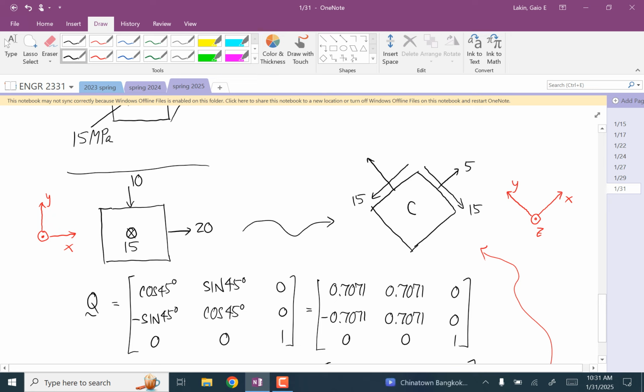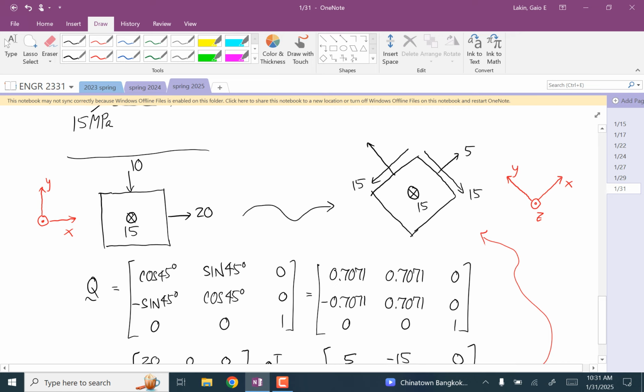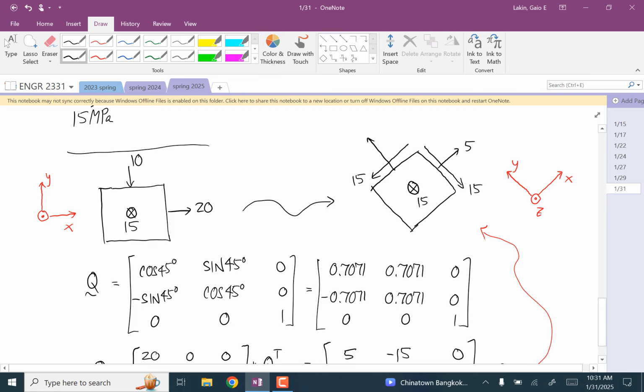And then the z, the one we're rotating about, isn't changed because that face is still in the same direction. Since I'm drawing it straight on, we can see all the faces here. So this one really would have a 10 this way and a 20 this way. And over here we would have a 5 this way, a 5 this way, a 15 this way, and a 15 this way.